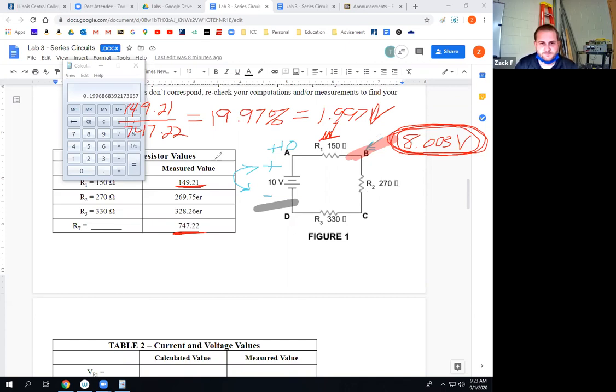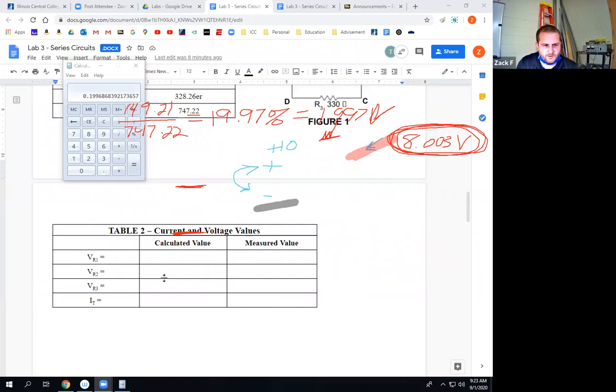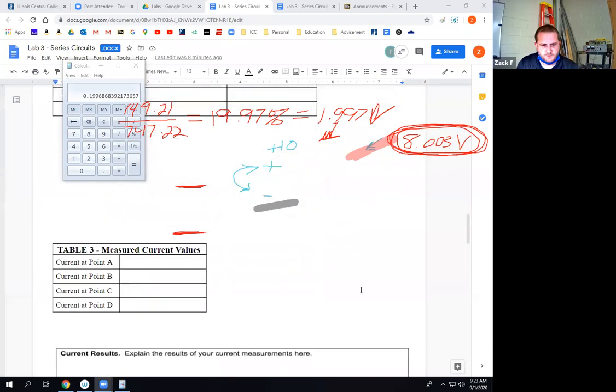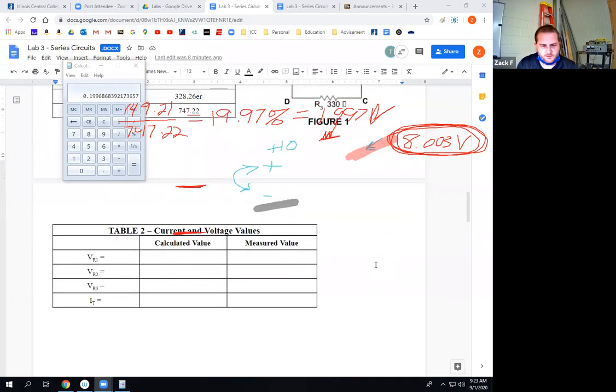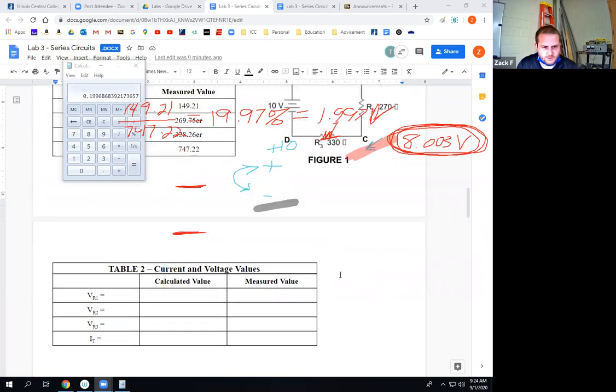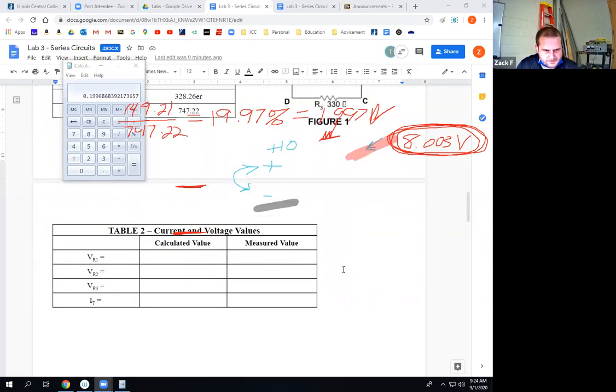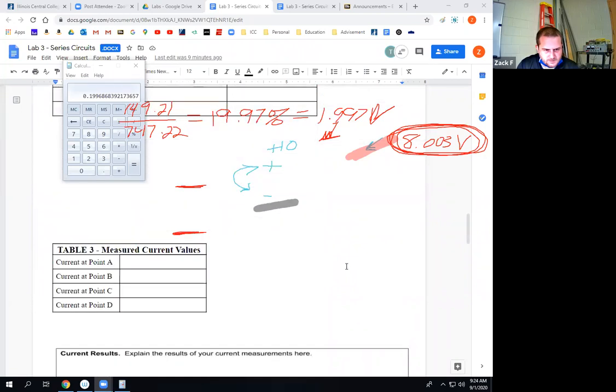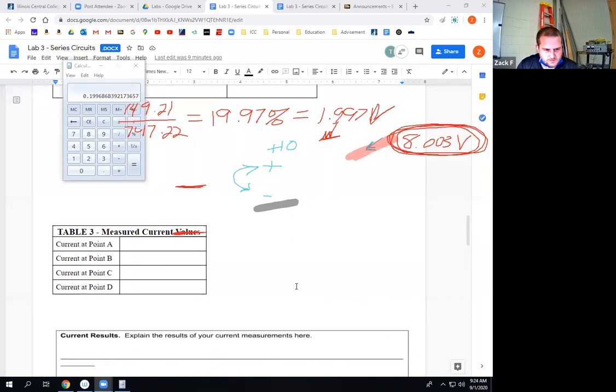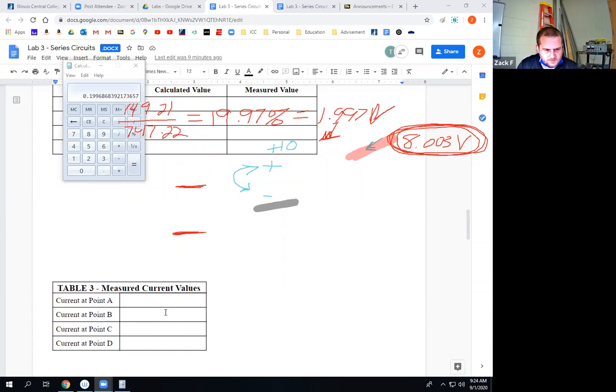Let me see. VR1, VR2, VR3, I total. Current at point A, current at point B, current at point C. All right, so my calculated value for voltage across R1, where are they wanting current at point A, current at point B, current at point C?